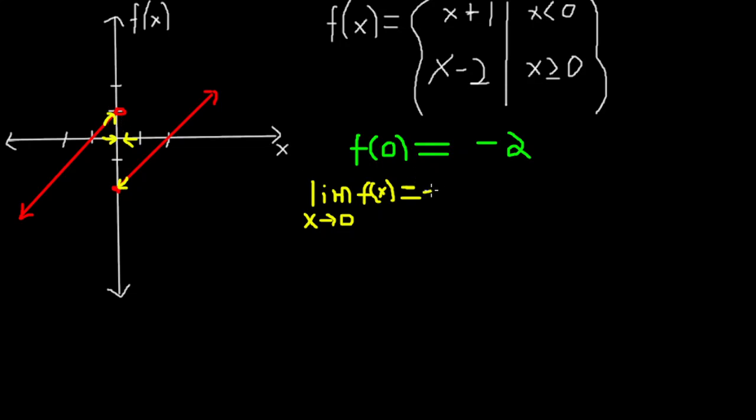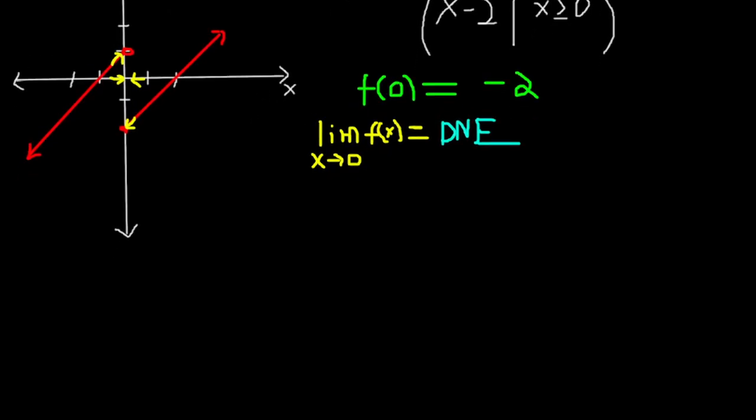So maybe the answer is negative 2 and 1, right? But we don't do that. So we say that the limit does not exist. Does not exist. And we just use DNE typically because that's just easier to write.